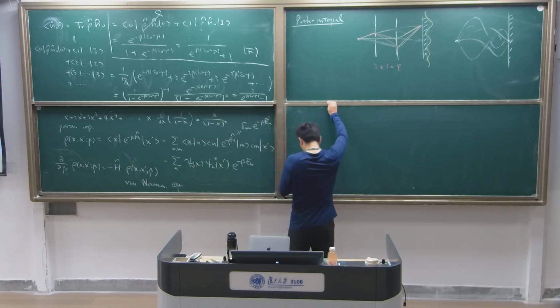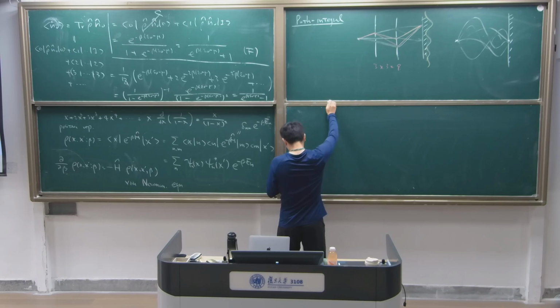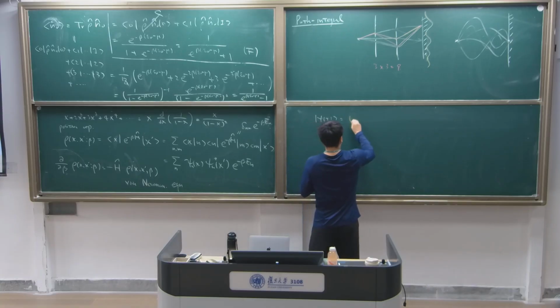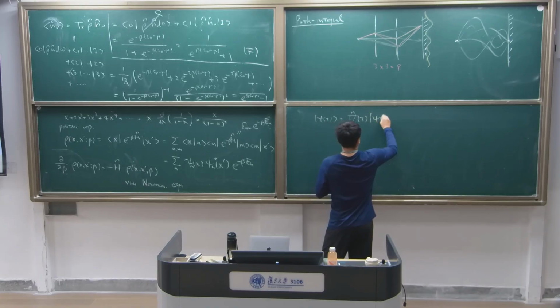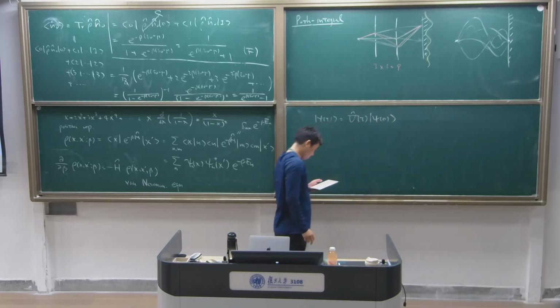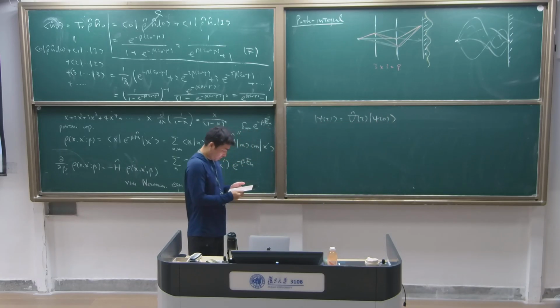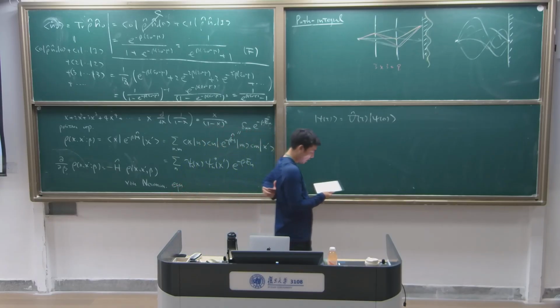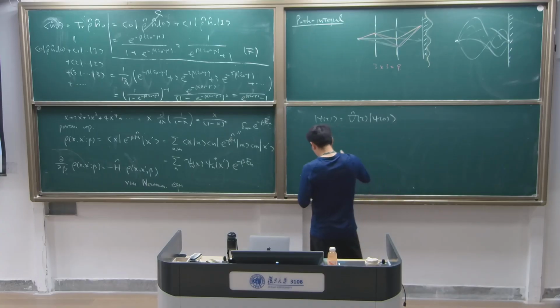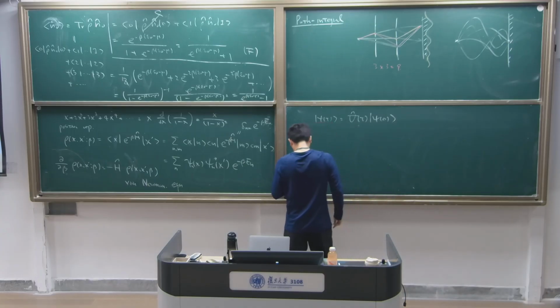Suppose we have the Schrodinger equation. In quantum mechanics it is a unitary evolution of psi. So psi of time t is related to psi of time 0 by the unitary time evolution operator.